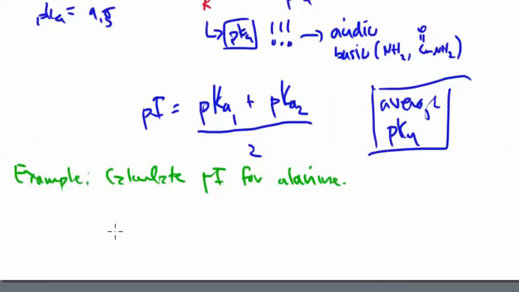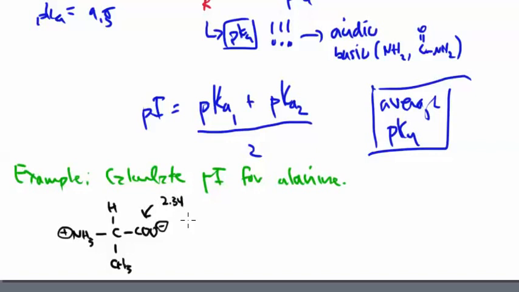Okay, so alanine is a carbon that has a carboxylic acid, and it has this NH3, this protonated amine, and a hydrogen, and a CH3 group. All right. So this COOH group has a pKa of 2.34. That came straight from the chart.